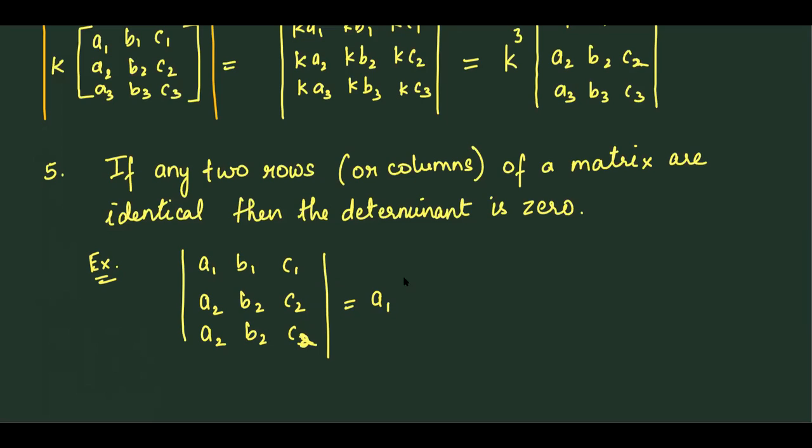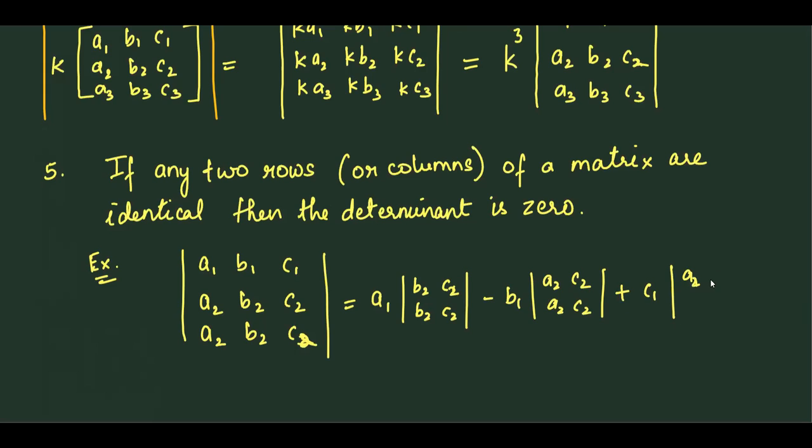You will get A1 times the minor B2, C2, B2, C2, minus B1 times A2, C2, A2, C2, plus C1 times A2, B2, A2, B2.